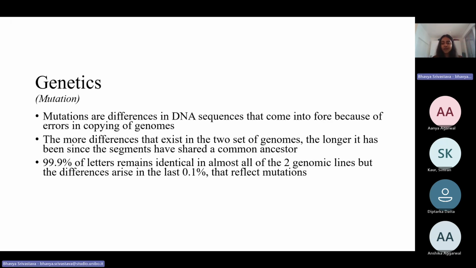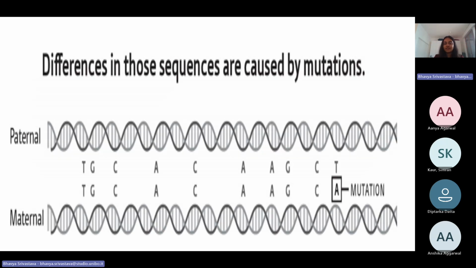In present day human beings, like in our case, 99% of letters are the same. It's only just the 0.1% that is different, and that is also something which gives an individual their own unique genetic makeup. I don't know if you would have seen this in movies or soap operas where they try to understand who is the father or the mother of the child.